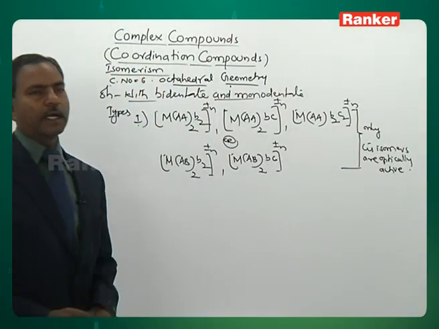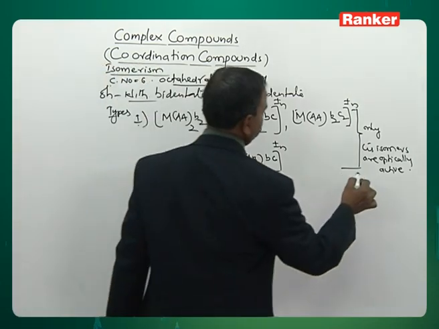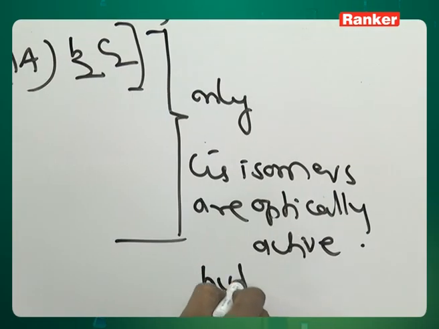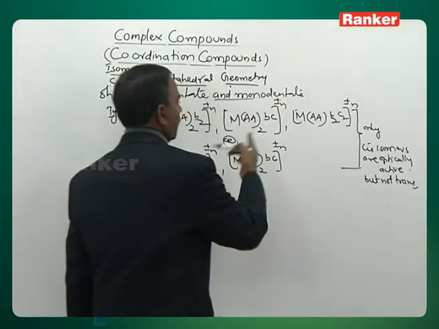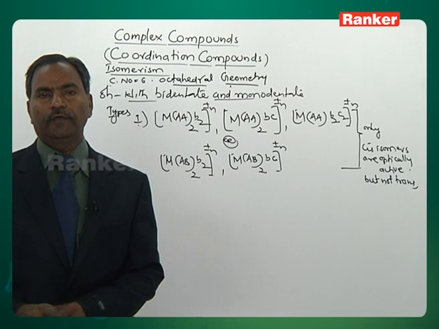In all these cases, trans is not optically active, only cis is optically active.